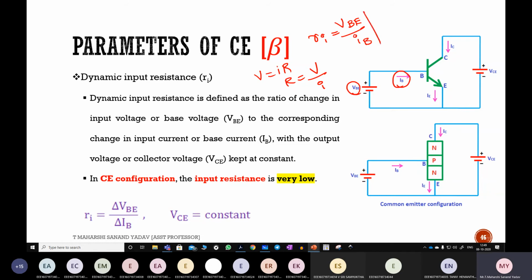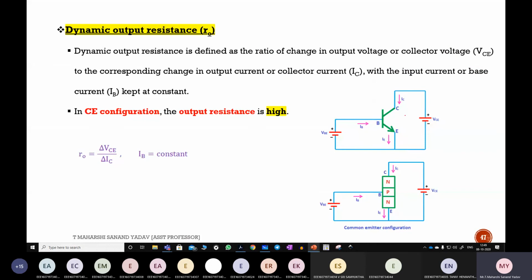For different values of voltage or current? Input is for voltage. Next, for output. Output means you consider this loop. Again, R is equal to V by I. What is the output voltage? VCE. Output current? IC. Here, for different values of? IB. Different values of current IB.